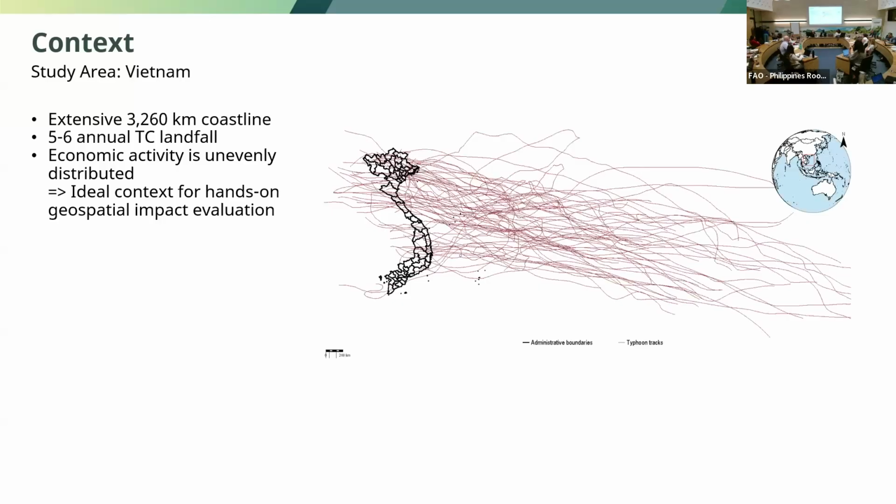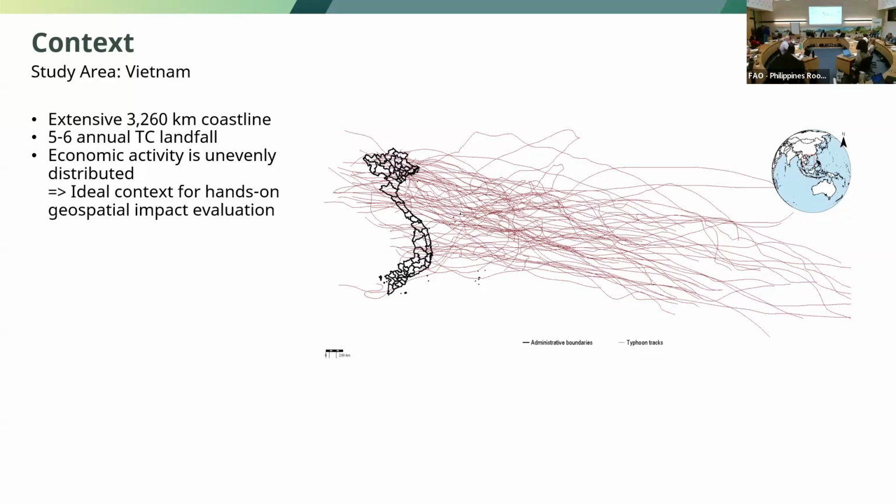So we look into Vietnam, which provides a very interesting context. The country is located in one of the most tropical cyclone active regions in the world. It also has an extensive coastline, and every year around 5 to 6 tropical cyclones make landfall. More interestingly, economic activity in the country is unevenly distributed.